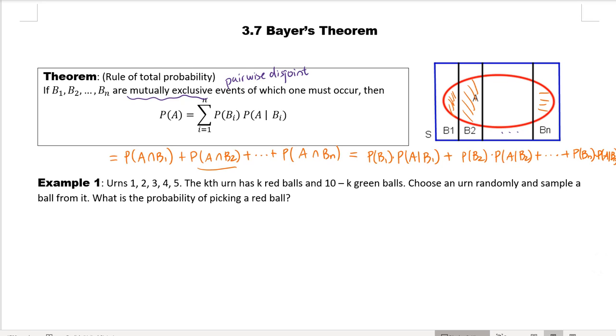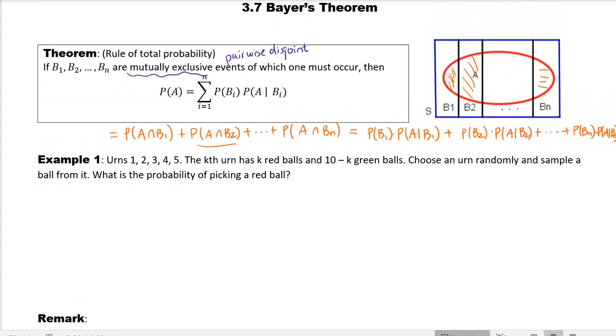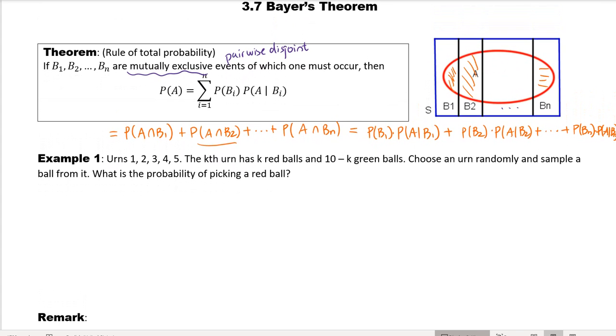So the picture really is like a potato, and we cut the potato into slices. Okay, so let's look at example 1. Urns 1, 2, 3, 4, 5. The kth urn has k red balls and 10 minus k green balls. Choose an urn randomly and sample a ball from it.